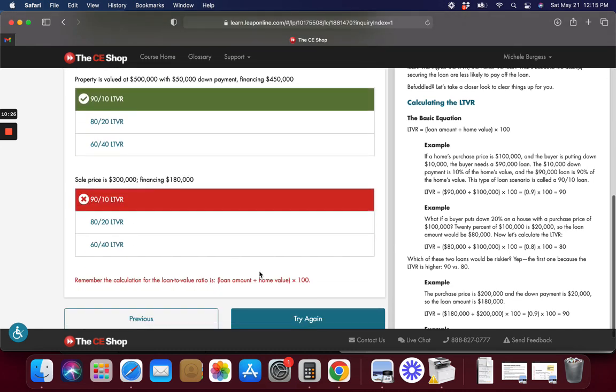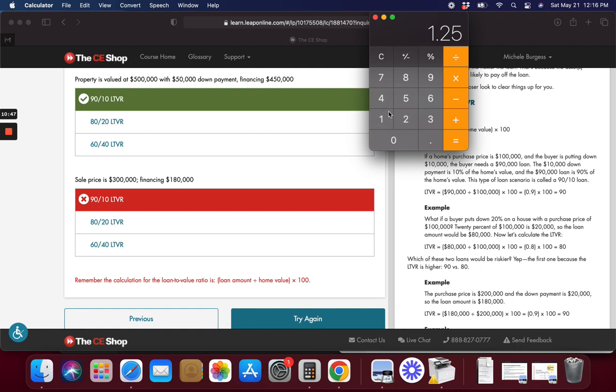Okay, we actually got all of them right except for one. So remember that the calculation is the loan amount divided by the home value. So the loan amount is 180 divided by 300. Let's try that. The loan amount is 180. Is that correct?